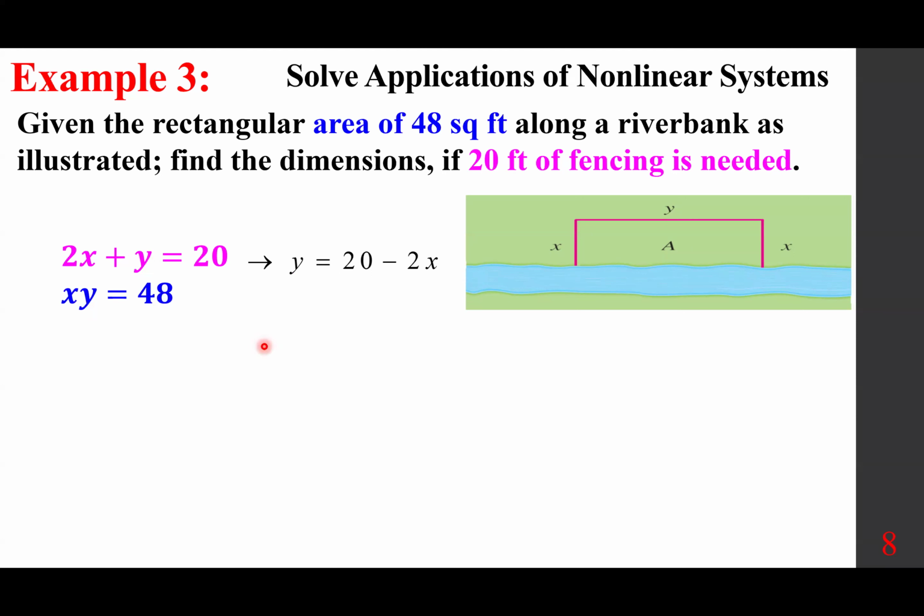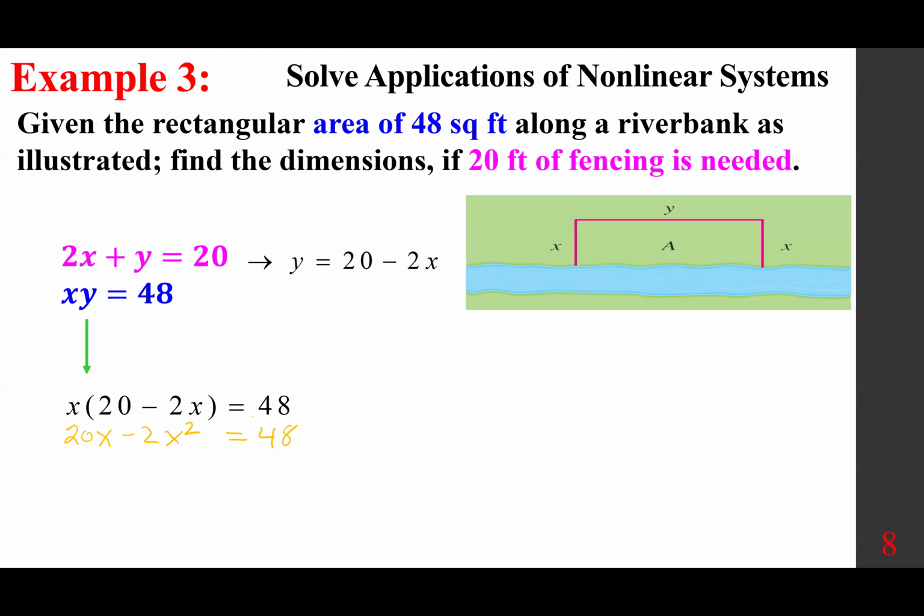We're going to replace the Y with 20 minus 2X. We get 20X minus 2X squared equals 48.